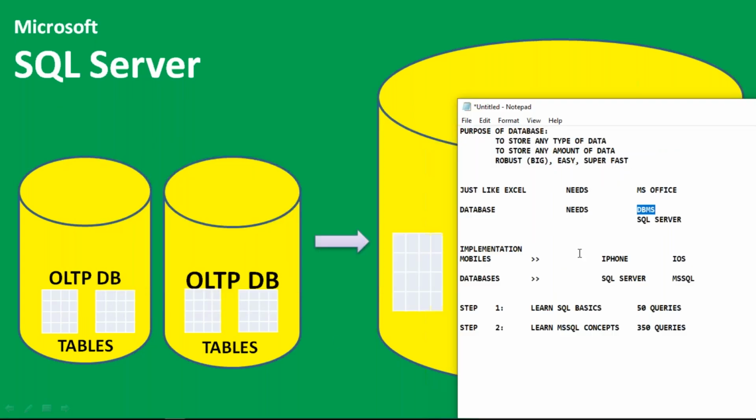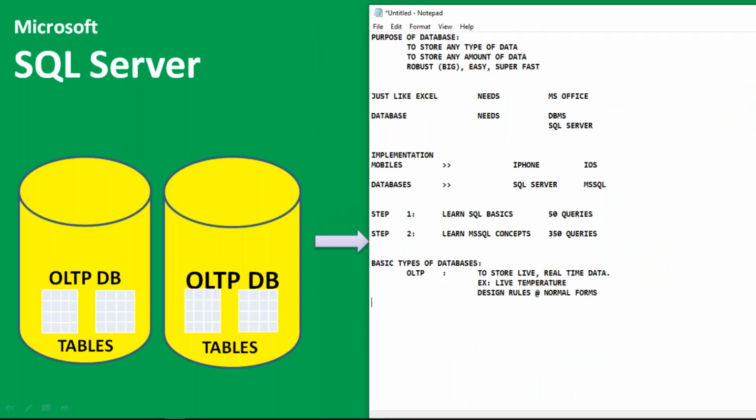Remember, what is that again? We are talking about types of databases, basic types of databases. We have other types as well, but the basic types are: OLTP, to store live real-time data, like for example, live temperature, and the design rules are governed by something called normal forms, part of our classes.